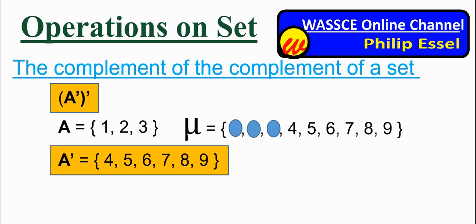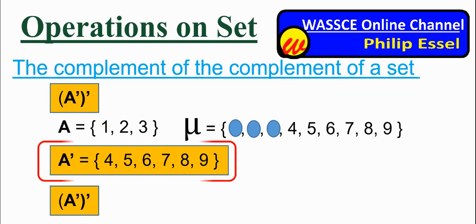And you got 4, 5, 6, 7, 8, and 9 as your A complement, right? So now let's find our A complement all in brackets complement. To do this, we need to compare our A complement with the universal set.